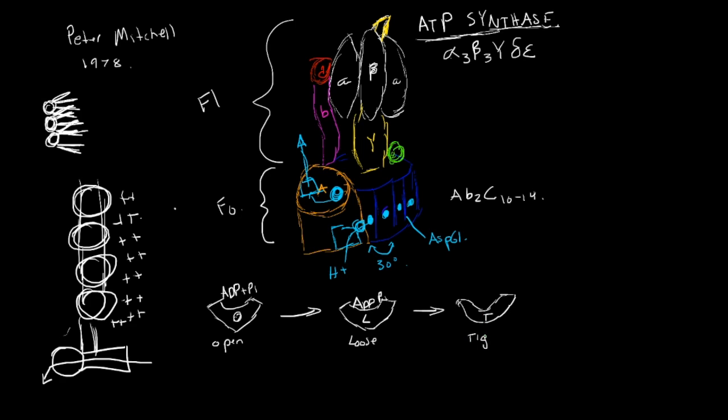And the ADP and the phosphate will be squished together, and then there's a spontaneous making of ATP. So finally, the gamma will hit again. The beta will go back into an open conformation, and the ATP will be free to go. So this will be in the open conformation.